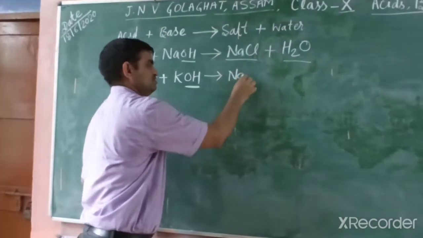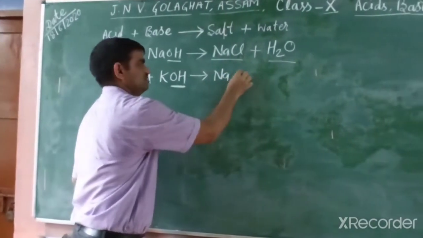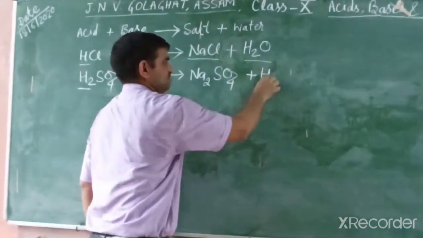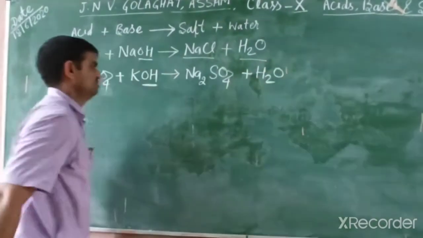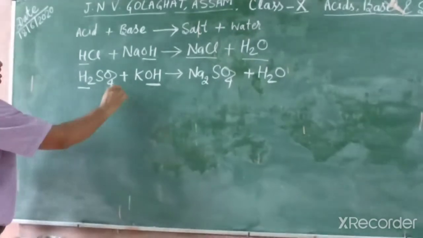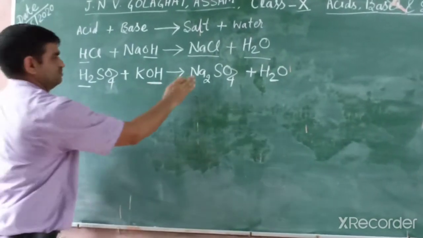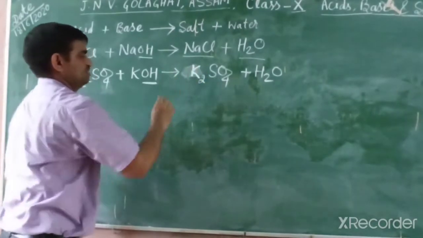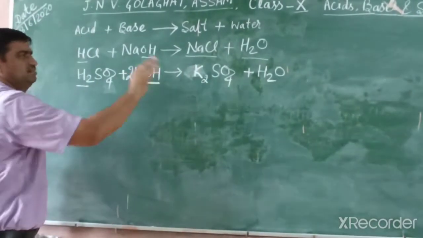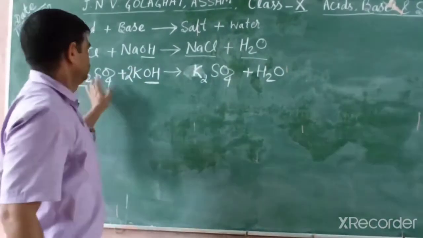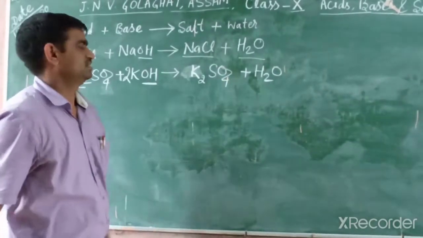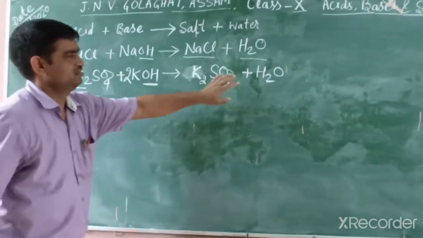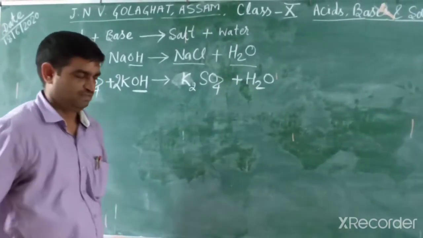That salt is potassium sulfate, plus water. So this is a neutralization reaction. When we balance it, this reaction occurs. So this is a balanced reaction, and we get salt and water.